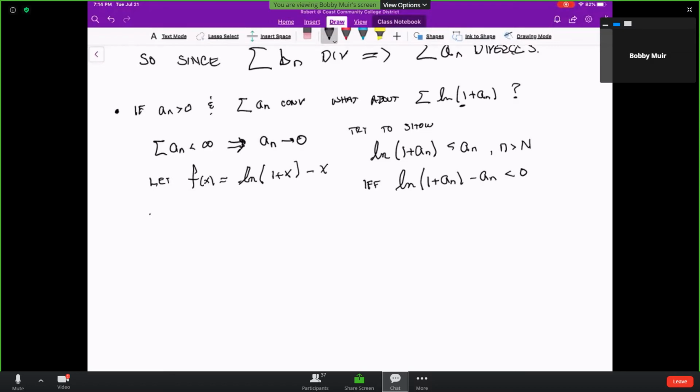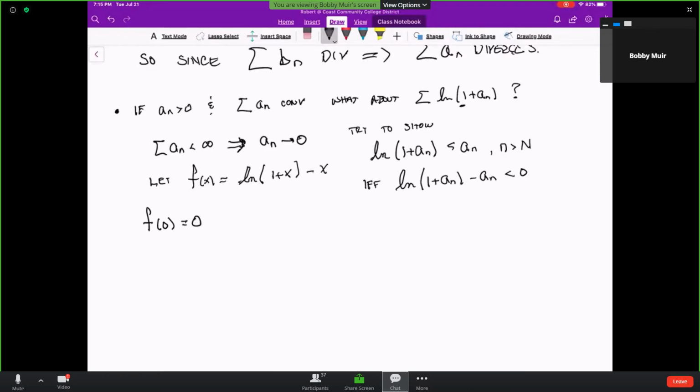First of all, what's f of 0? It's going to be 0, right? The natural log of 1 plus 0 is natural log of 1, which is 0, minus 0.